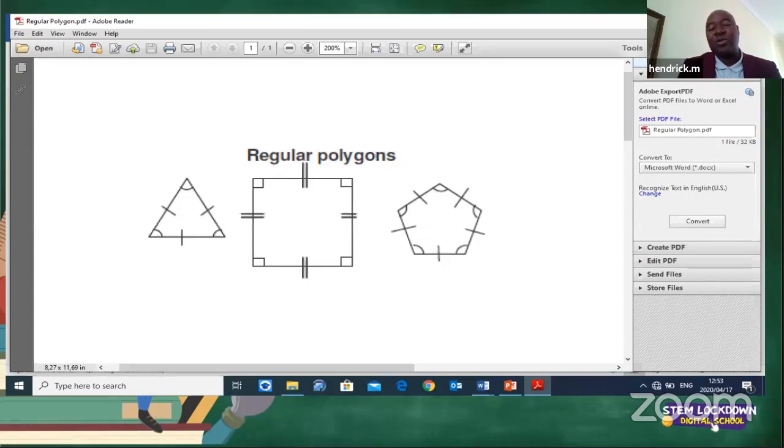The small lines that you see in each side mean that those sides are equal. If you also look at the angles of the triangle, you can see that all angles are equal, which means our polygon there is equiangular. It is an equiangular triangle, but it's also an equilateral triangle, meaning that all the sides are equal.